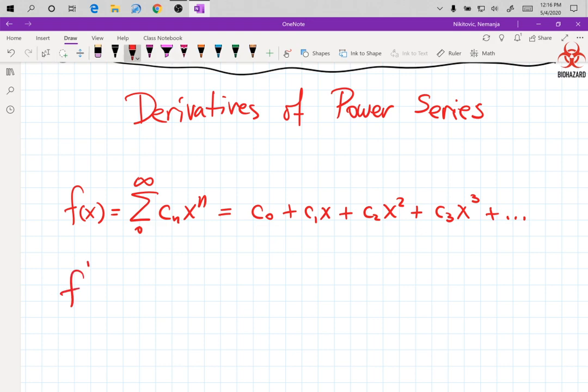What is the derivative? Well, these are numbers. These are numbers. I'm just going to copy those numbers, right? Now, I'm not going to put anything here. I'm just going to say Cn n x to the n minus 1. Do we all agree that the derivative of x to the n is n x to the n minus 1?